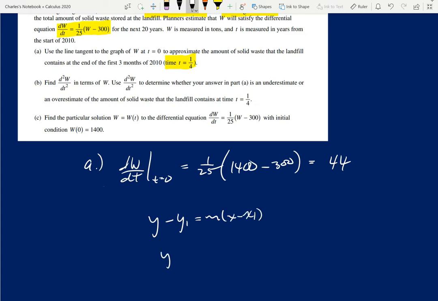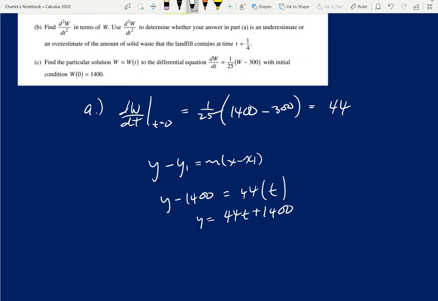So y minus 1,400 is equal to 44t, or y is equal to 44t plus 1,400, and then W of 1/4 is going to equal 11 plus 1,400, which is 1,411.